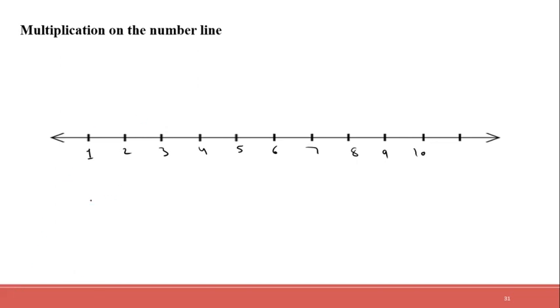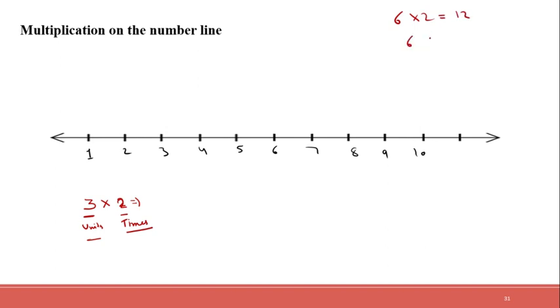Now if I tell you to multiply 3 with 2, how will you do this? That means we have to jump 3 units 2 times, right? This is how we do it. If I want you to tell me 6 into 2, that means 12.